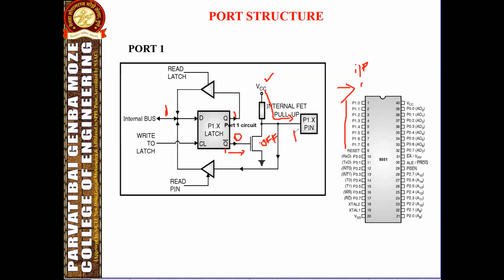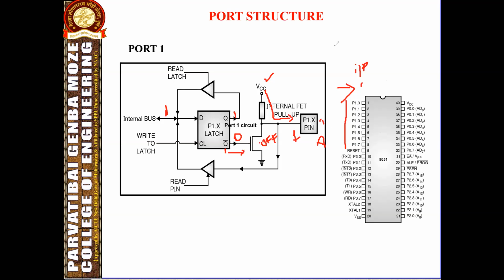So the high signal will appear on these port 1 pins. P1.x is nothing but port 1.0 to port 1.7. There are a total of 8 pins. So all these pins get a high signal. Then the microcontroller performs write operations.